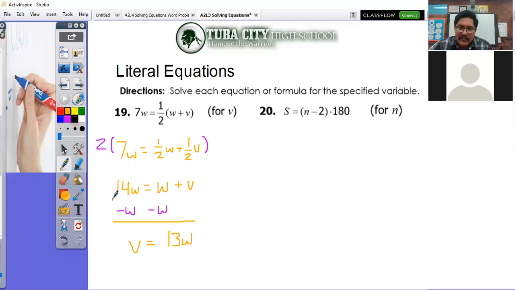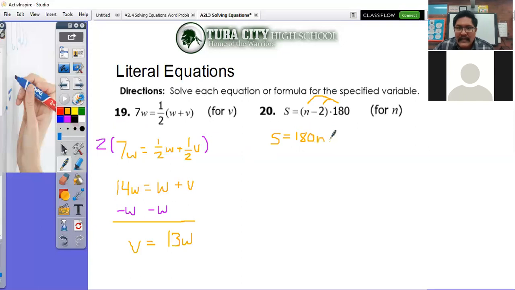Okay, last one. We've just about made it. It's been a long journey, but we finally got to the end. S equals, and I'm going to multiply both of these by 180. Now, usually when we're used to distributive property, we're used to having the number in the front, but it can go backwards also.